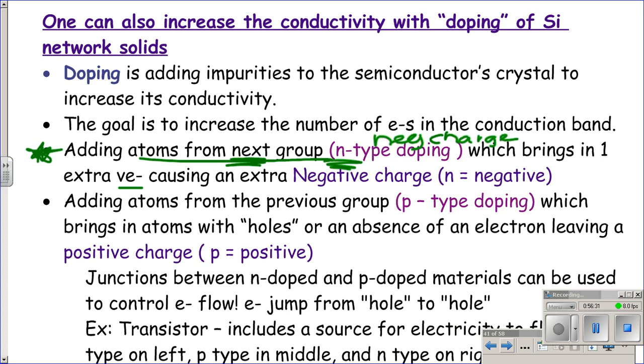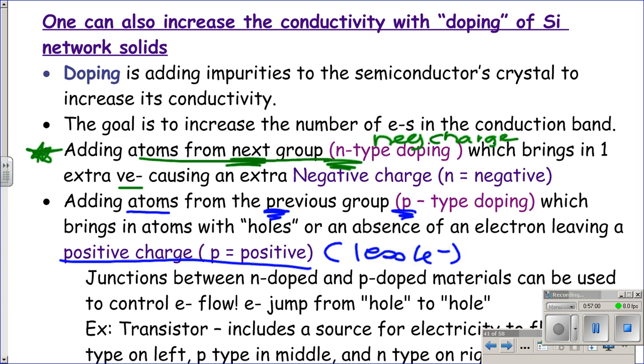P-type doping is when you choose an element with one less electron, for example one in group 3A, meaning you're adding an atom from the previous group. You call that P-type doping because it has a more positive presence, a more positive charge due to one less electron.